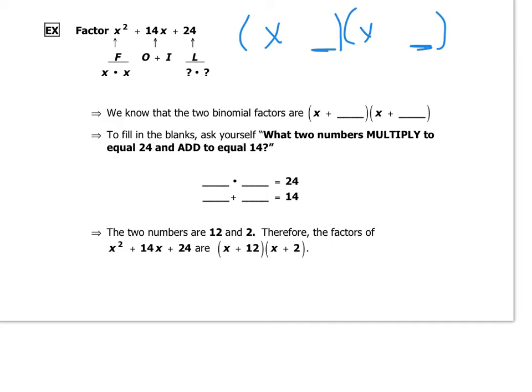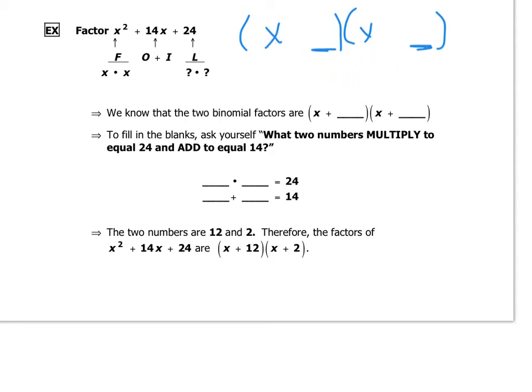The question is, which of those, when I FOIL it, is going to give me this trinomial? What I need to remember is that the middle number, the 14x, comes from the inners and the outers added together.